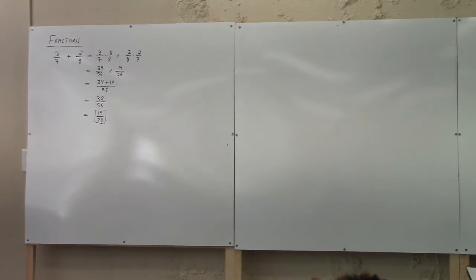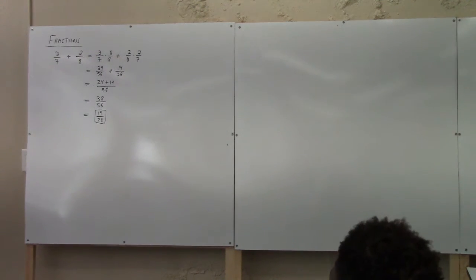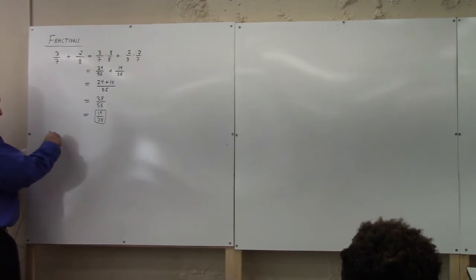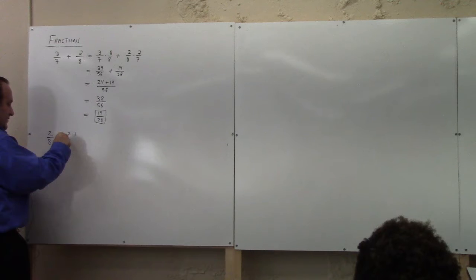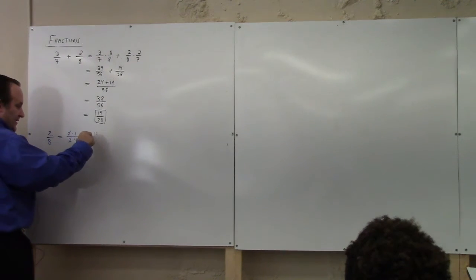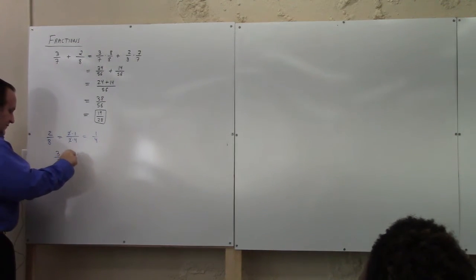It means to cancel any possible factors from the numerator and the denominator, right? 2/8 is 1/4, right? So 2/8 is 2 times 1 over 2 times 4, so I can cancel these 2's, and I get 1/4. So I could have looked at this as 3/7 plus 1/4, right?